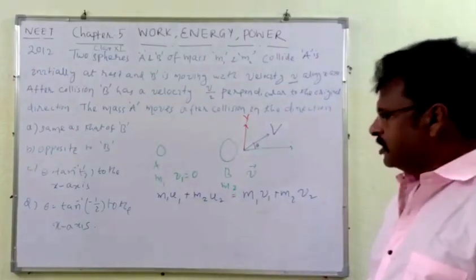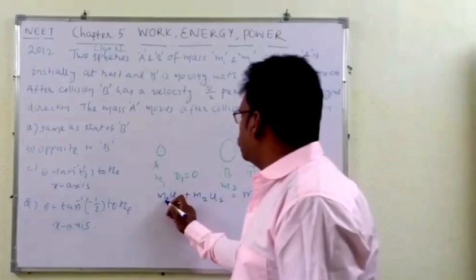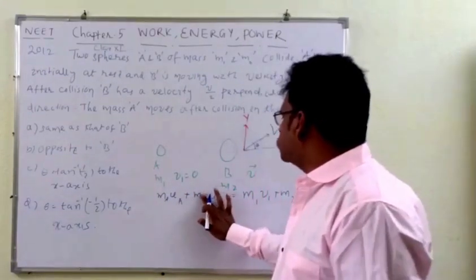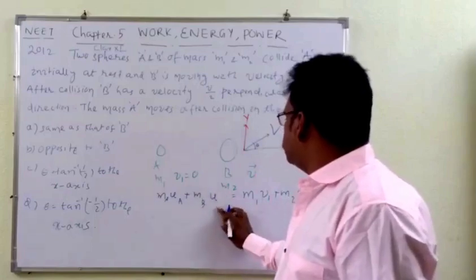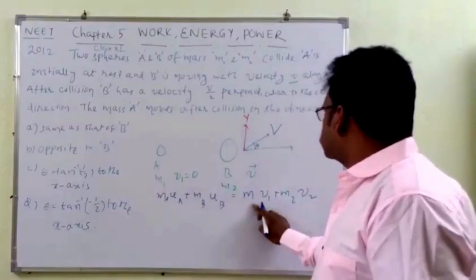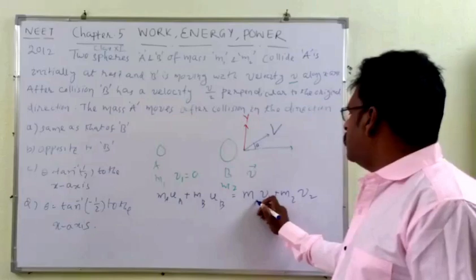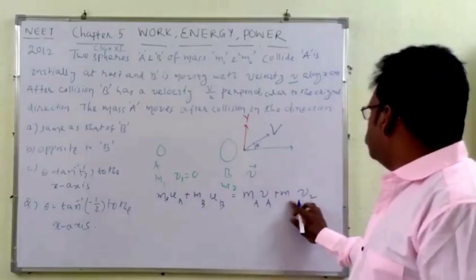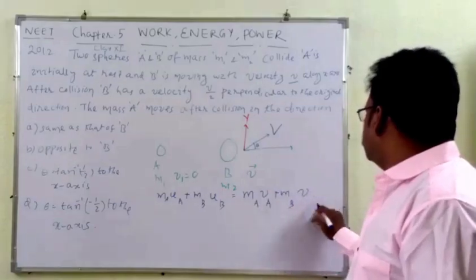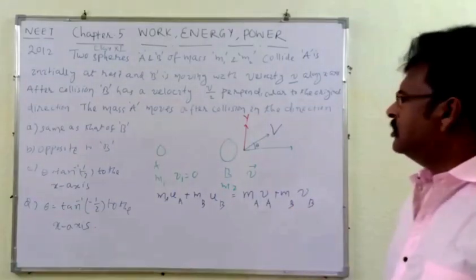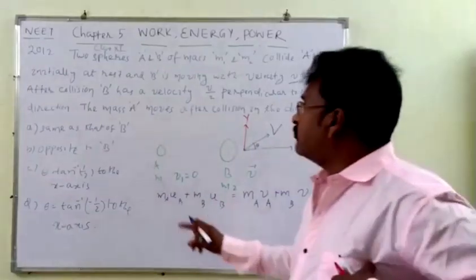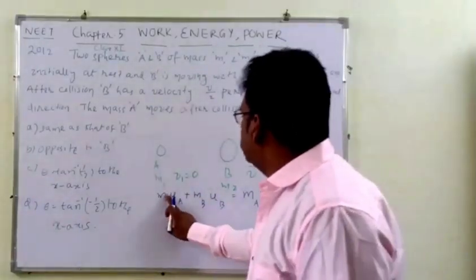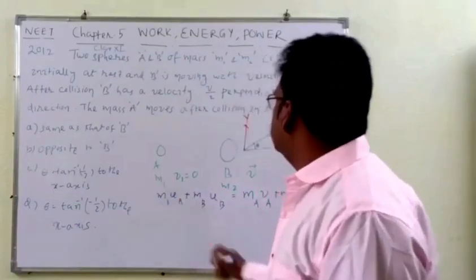Or we may write, students, in place of 1, the mass of A into the initial speed of A, plus the mass of B and initial speed of B, equals the mass of A and the final speed of A, plus the mass of B and final speed of B. This will be better, students. What is the mass of A? It is given as m1.